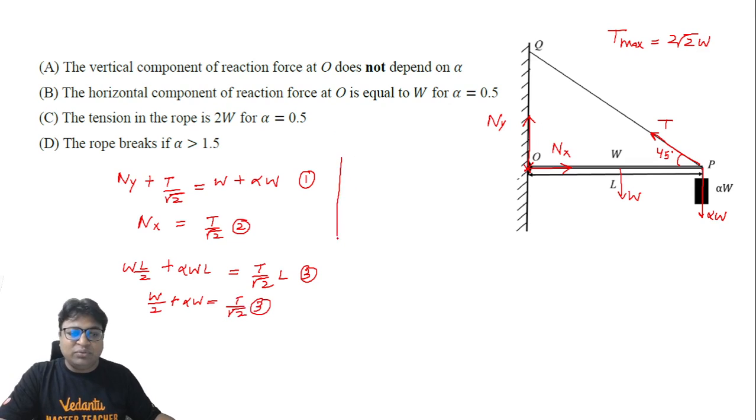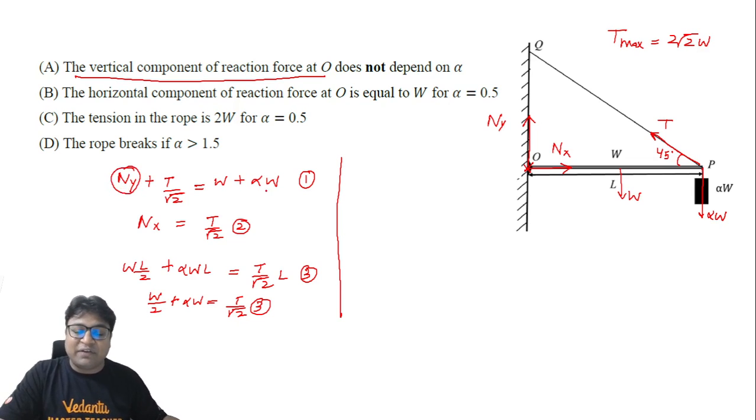Now to figure out these options, we are going to make use of these three equations. Option A talks about the vertical component of reaction force at O. That means we are talking about Ny, and we have to see whether Ny depends on the value of alpha or not. To figure that out, I'm going to substitute the value of T by root 2 from equation number 3 into equation number 1.